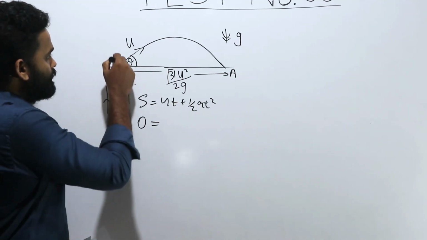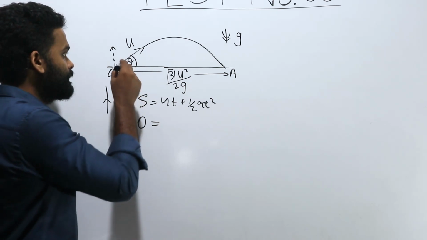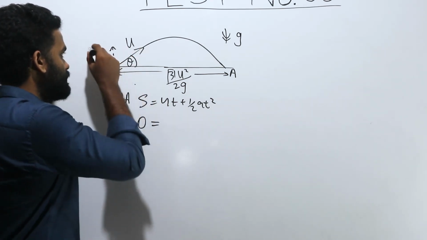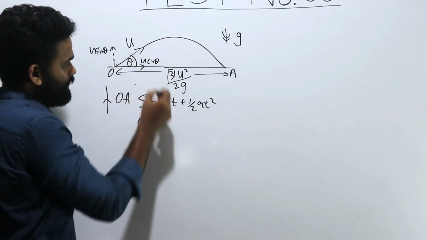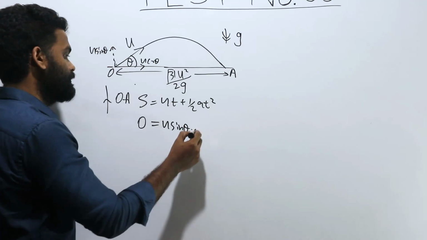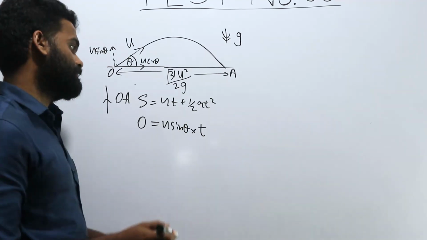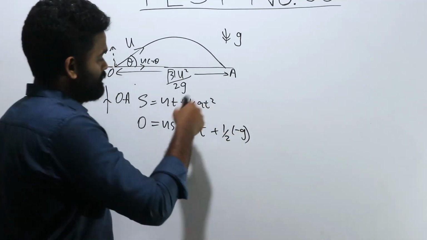What is the vertical component of the initial velocity? That should be u sine theta, right? The horizontal component should be u cos theta. Vertically, this is u sine theta times the time taken, t, plus half, acceleration.